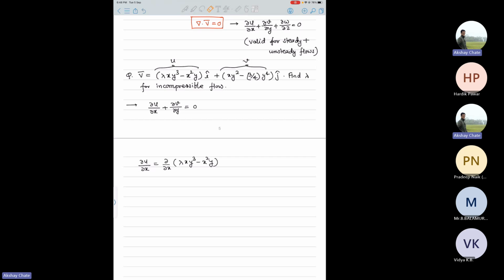Here we are differentiating a function of two variables, which is in the bracket, only with respect to x. Therefore we consider y as a constant and do the differentiation.